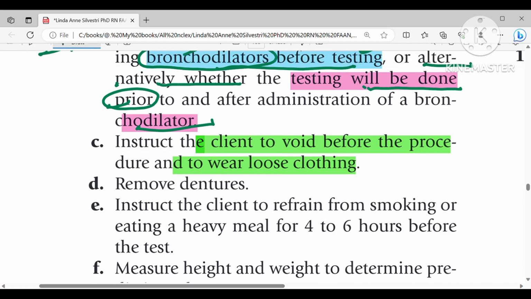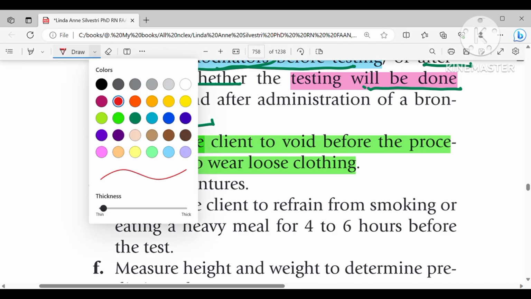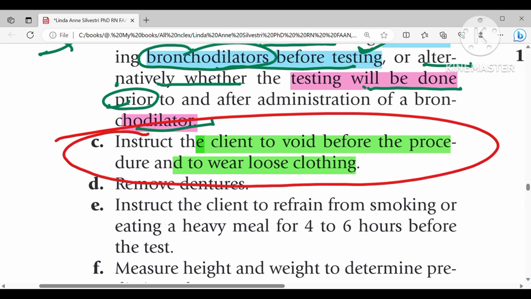Next one is also a very important point. We need to ask the client to void before the procedure, and he or she should wear loose clothing.